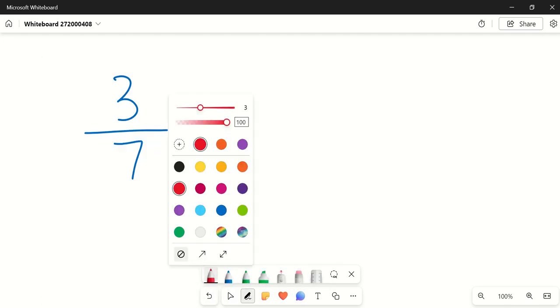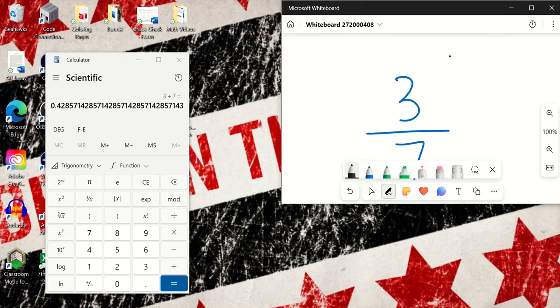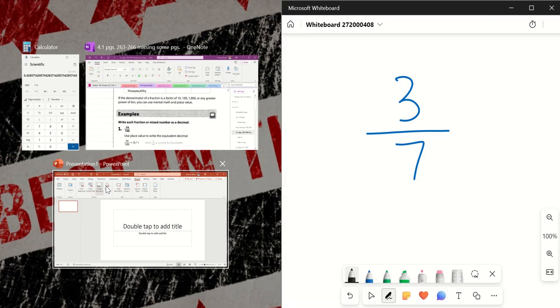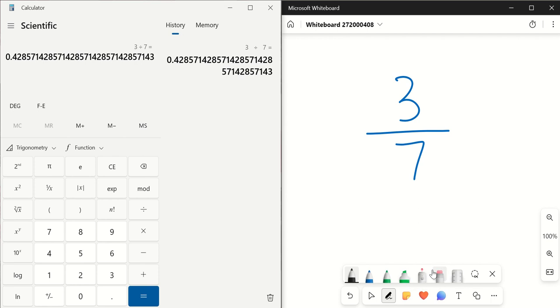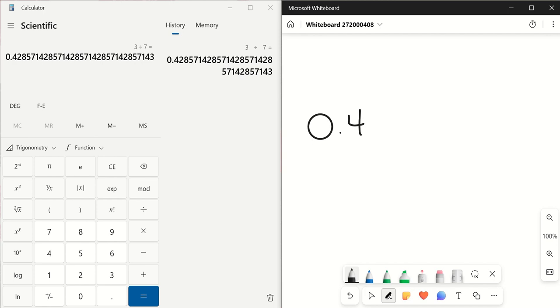Now, let's get our black pen out, and let's split screen this. Got the calculator there, and we're going to erase this. So 3/7 becomes 0.42857142857142.